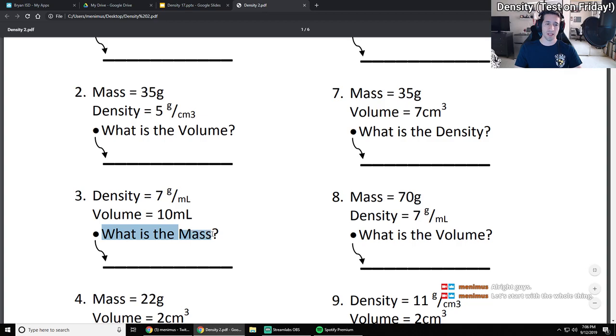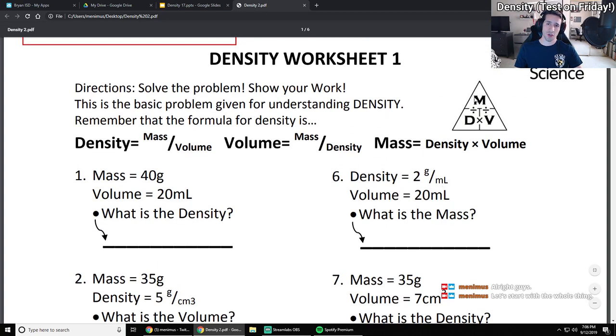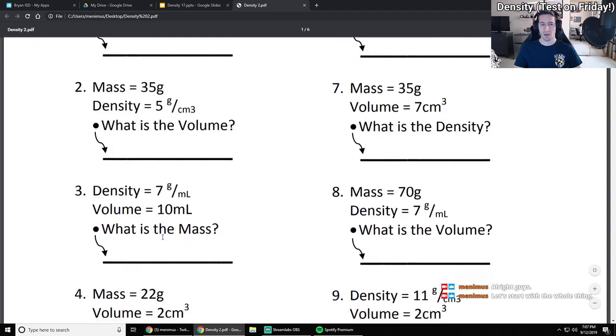The only one that is going to be a multiplication case is when they're asking about the mass. If you cover the M right here, you get to see there's a multiplication symbol in between the D and the V, the density and the volume. So the formula to find mass is density times volume.